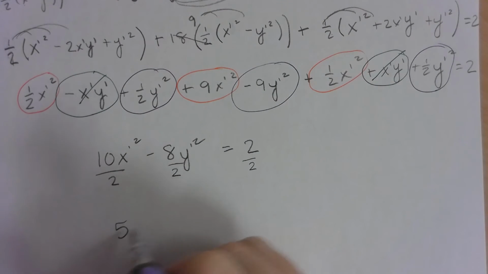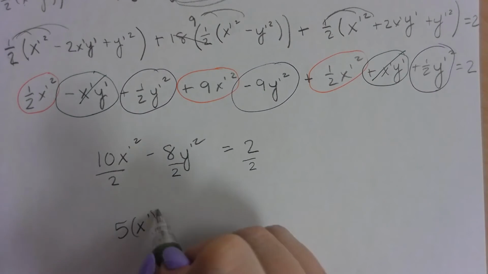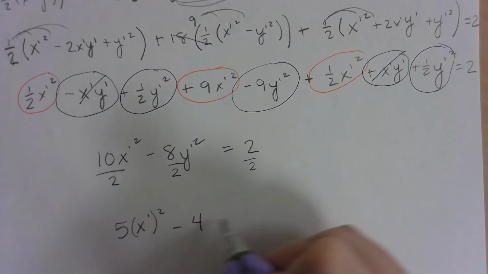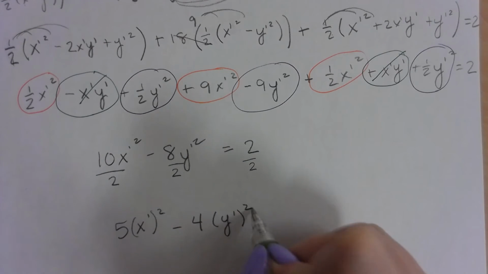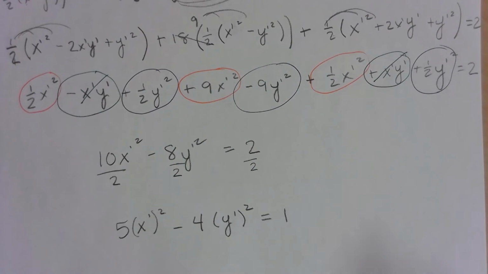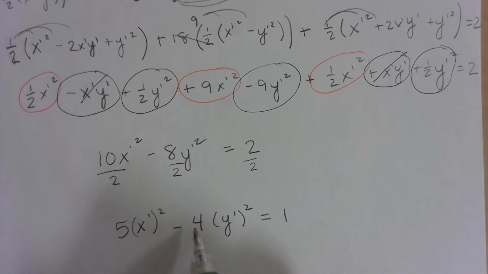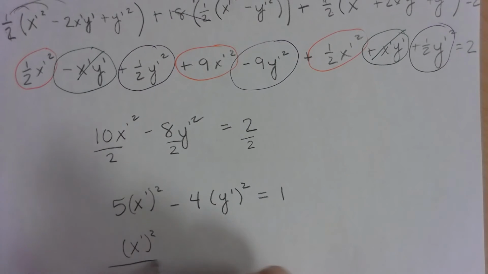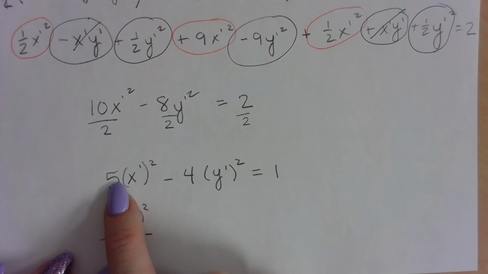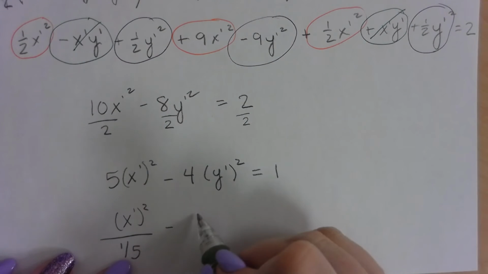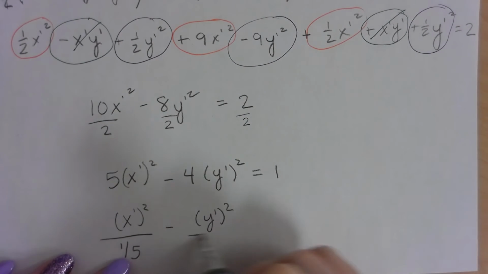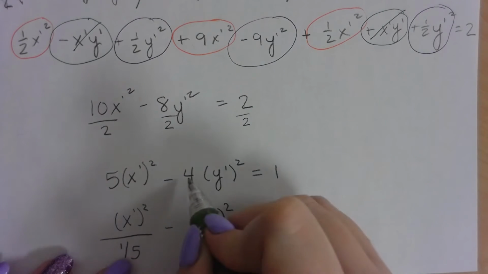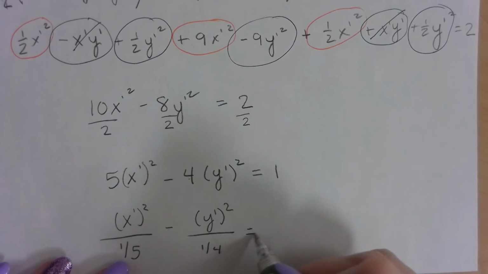So that gives us 5x prime squared minus 4y prime squared equals 1. Now lastly, we don't want these numbers to be there, so it's going to be x prime squared over a 5th. That's the same because dividing by the 5th is the same as multiplying by 5. Minus y prime squared over a 4th, because dividing by a 4th is the same as multiplying by 4, equals 1.